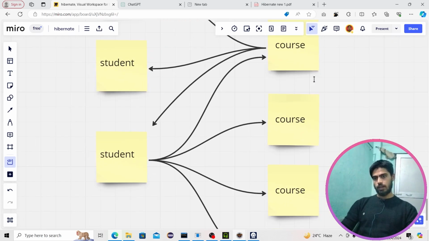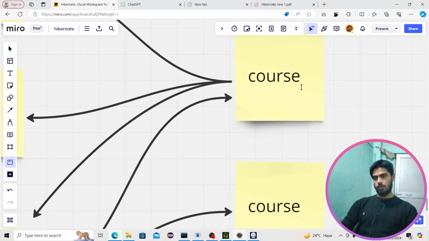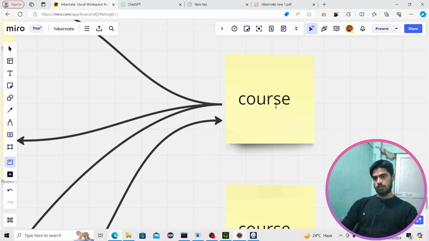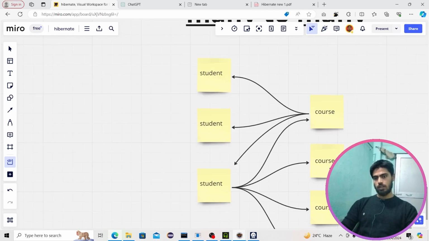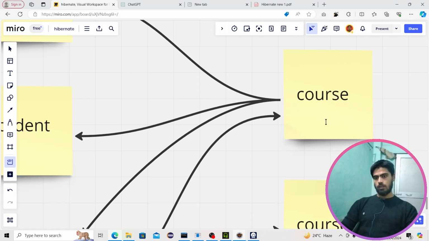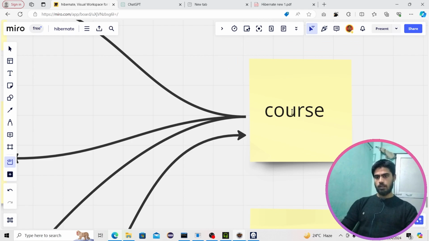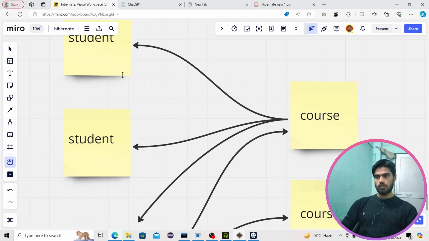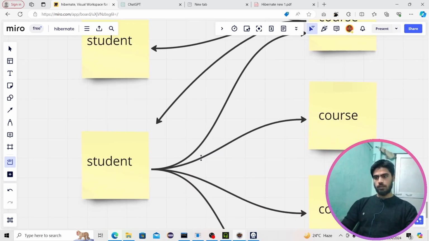Suppose this is maths: one student is enrolled in multiple courses, and in maths there will be other students enrolled. So the relationship right here is many to many.